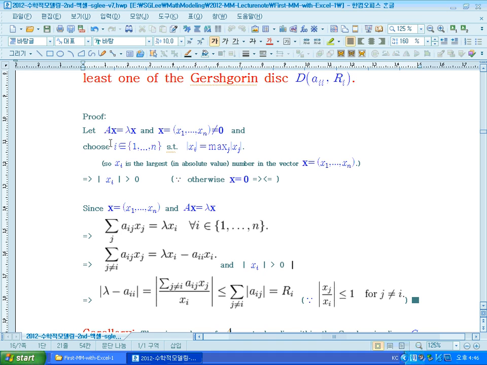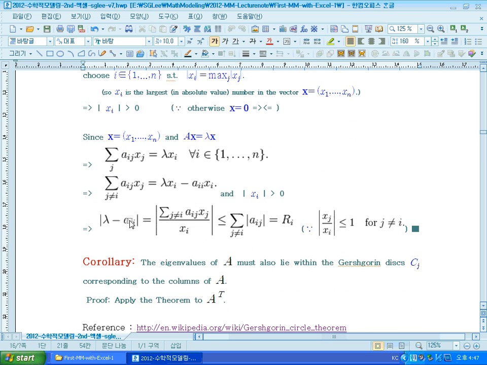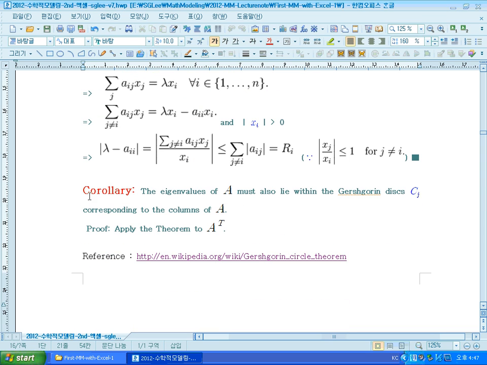Okay, and we can tell that every eigenvalue lambda belongs to one of these Gershgorin disks. Here is the corollary. Eigenvalues of A must also lie within the Gershgorin disks Cj corresponding to the columns of A, because eigenvalues of A and eigenvalues of A transpose are the same.